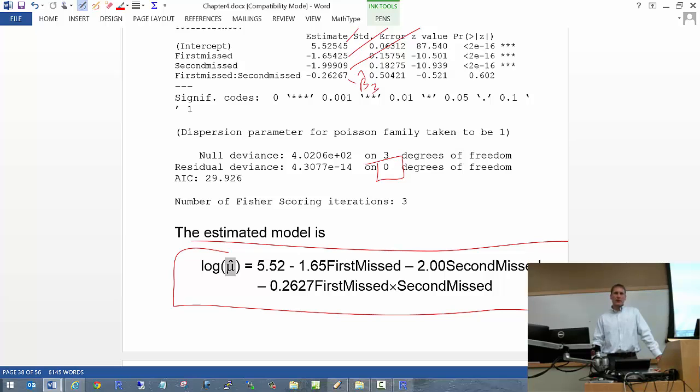Well, how is this degrees of freedom found? Observations. Remember, we have 4. Subtract off the number of parameters you're estimating. Well, 1, 2, 3, 4. So the model under dependence here for a 2x2 contingency table structure is a saturated model.